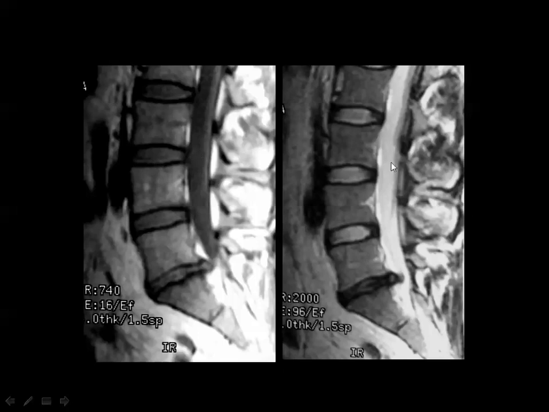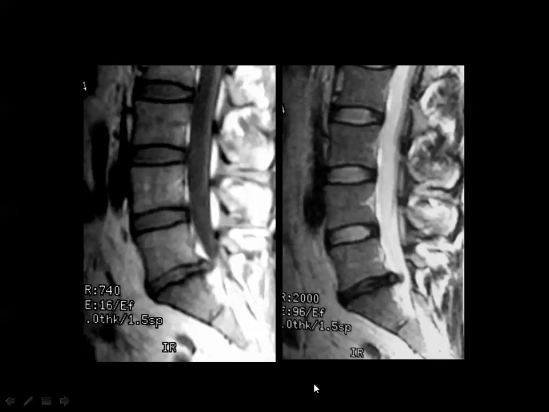But if you look at this disc, which is between L5 and S1 vertebrae, the disc is small and the disc is black in the T2, and that's to say it has lost its water content, and this means that it has started degeneration. Also, the disc is protruding inside the spinal canal, which indicates disc bulge or herniation.